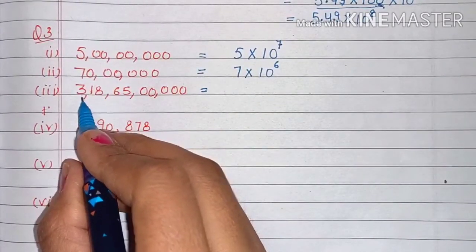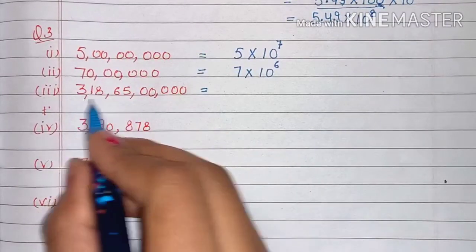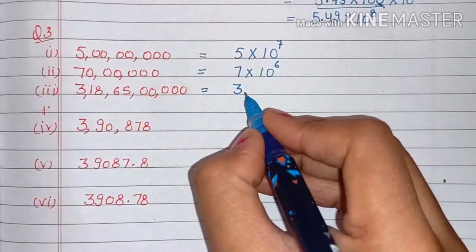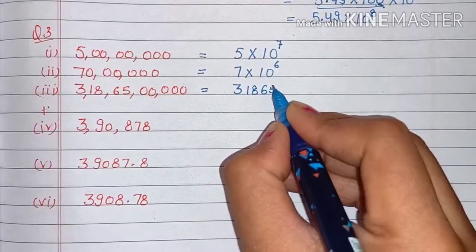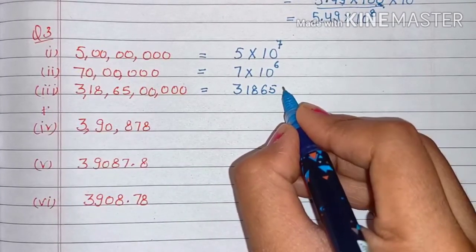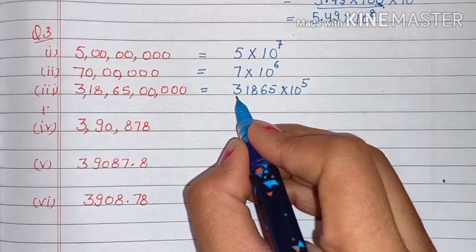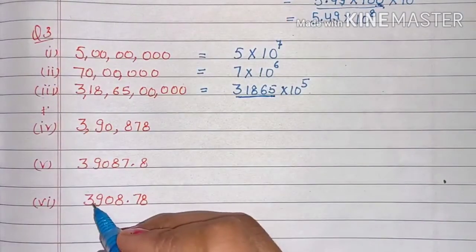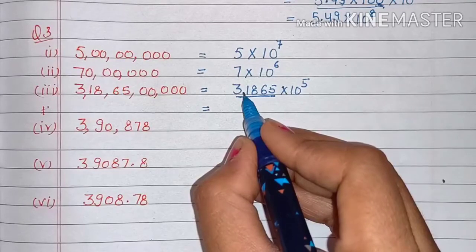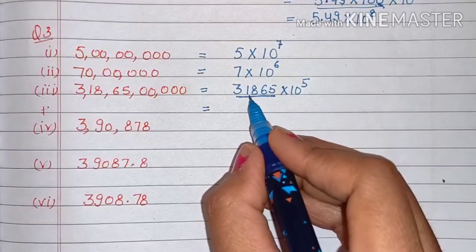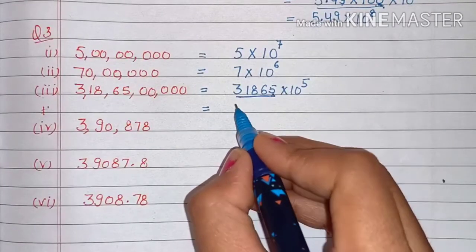Now we have the number 31865 and 5 zeros. If we write into the power of 10, it can be written as 31,865 into 10 raised to power 5. But to write in the standard form, this number should be less than 10. So there we need to use the decimal. If we want to put the decimal after 3, then there are 1, 2, 3, 4 digits after the decimal.